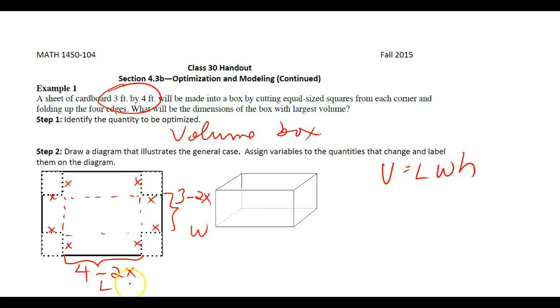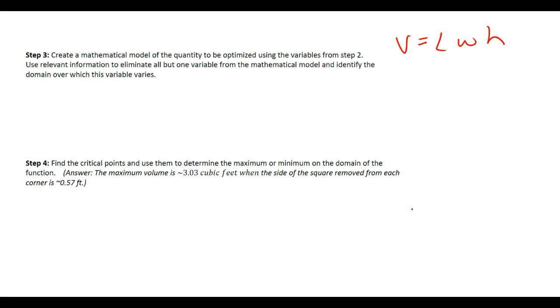We have a length, we have a width, and the height is actually x. When you fold these sides up, this will be x, 4 minus 2x, and this side right here is 3 minus 2x. So length times width times height looks like this. Volume equals 3 minus 2x, 4 minus 2x times x. Okay?